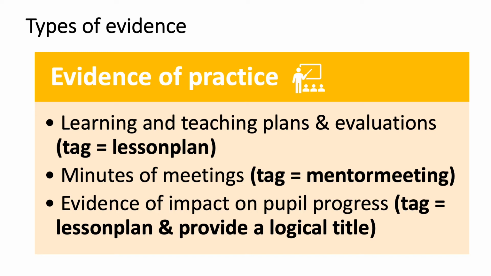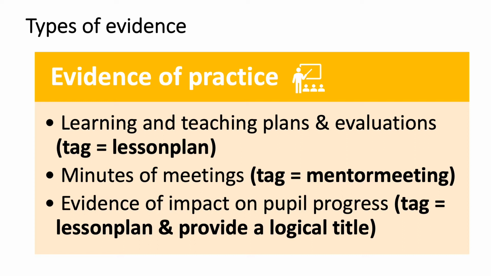As you will probably have started to notice, the work in your pupils' books, or indeed if you're a practical subject, other evidence of pupil progress, maybe videos, maybe pictures of what they're doing, annotated, are really useful in demonstrating that the teaching that you've done has had an impact on pupil progress. So the evidence of impact on pupil progress is going to be a really important pool of evidence to show how your practice is developing.